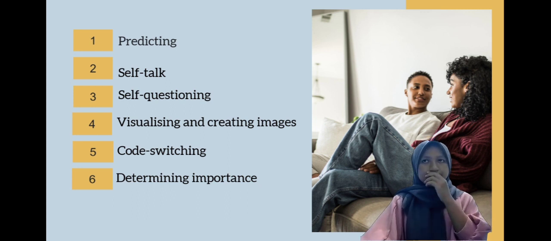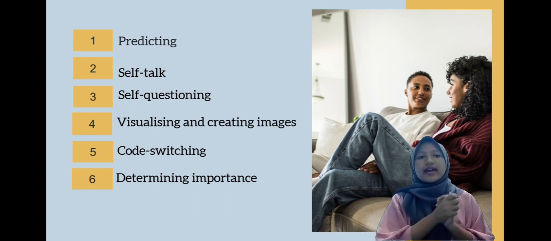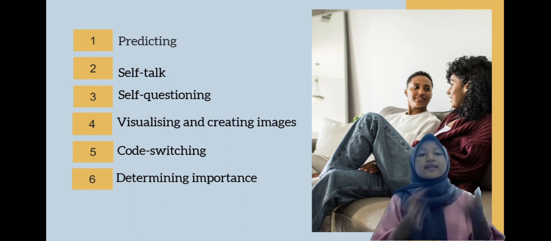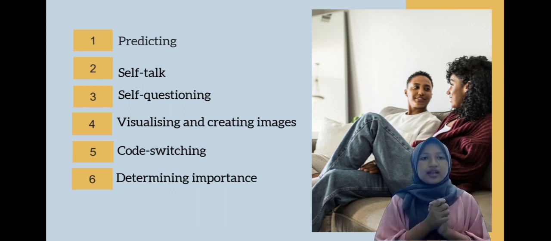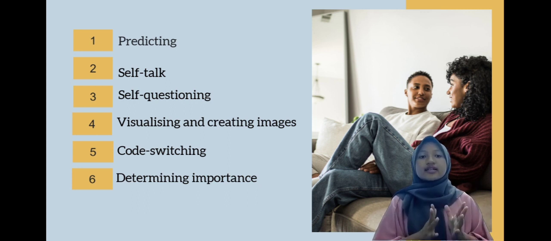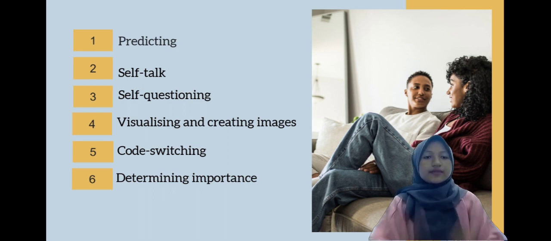Maybe they say something like, okay, so we use past tense when telling something that has happened in the past. Jadi, kita menggunakan past tense ketika menceritakan sesuatu yang telah terjadi di masa lampau. That is code switching.